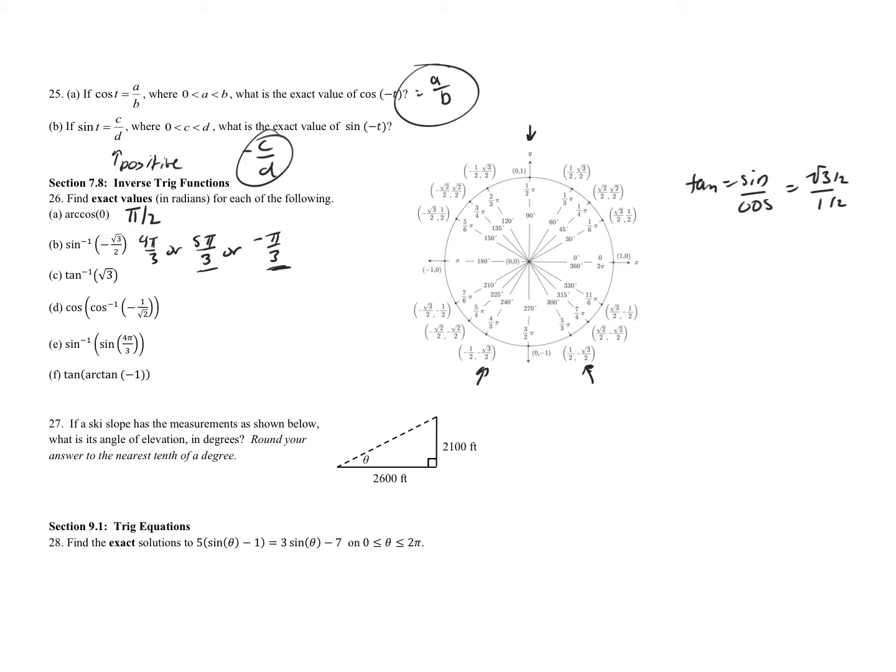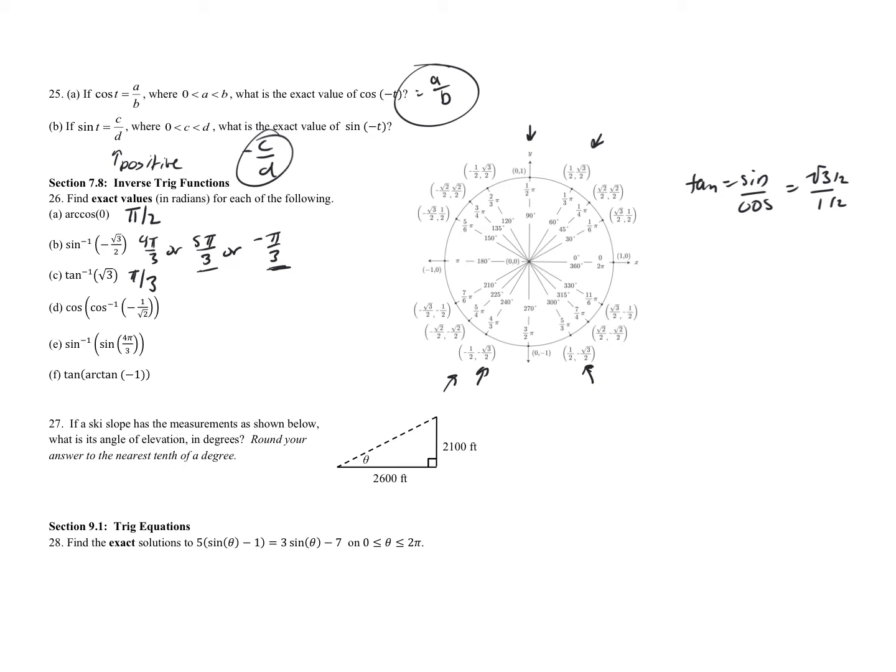So when do we have sine and cosine being the same sign, both positive or both negative, where our sine has that root 3 over 2 and our cosine is 1/2? It can be right here, or there's another answer we could put, but for simplicity's sake, I'll just say pi over 3 as our answer.